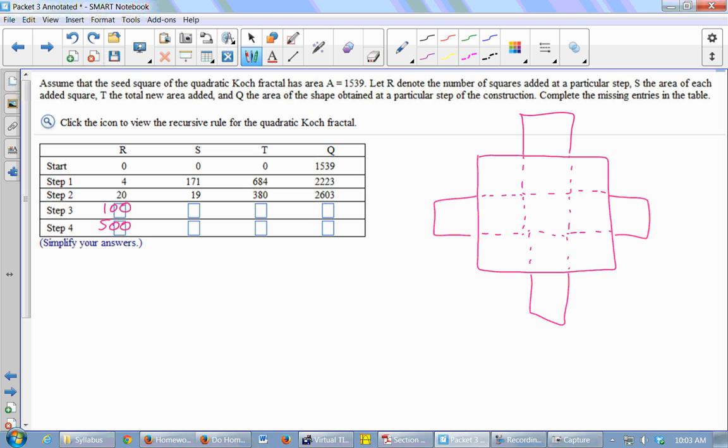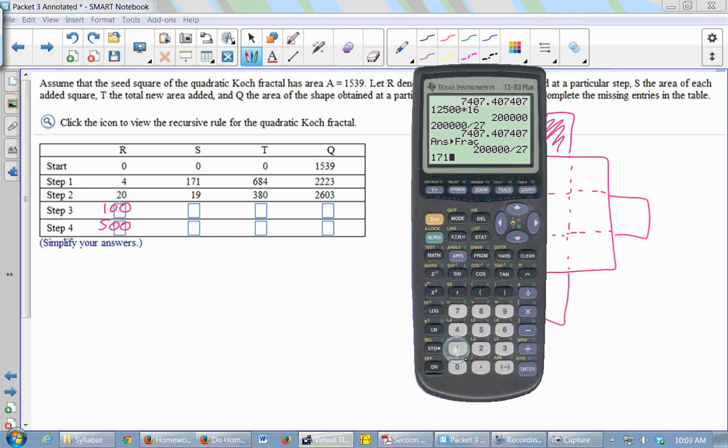Right? I can fit 9 of them inside the original. So each of these guys is 1/9 the square it was attached to. So my original square was 1,539. 1/9 of that is 171. And then if you take 171 and divide by 9, you get 19.